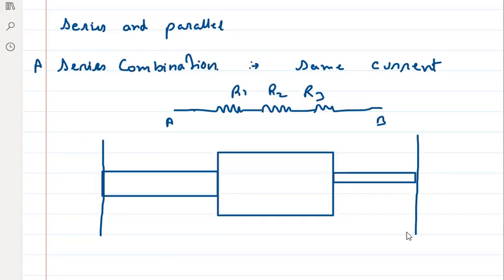This is temperature TA and this is temperature TB. For this, it is K1, K2, K3, A1, L1, A2, L2, A3, L3. So can I say that these three rods are in series? Yes or no? Tell me.